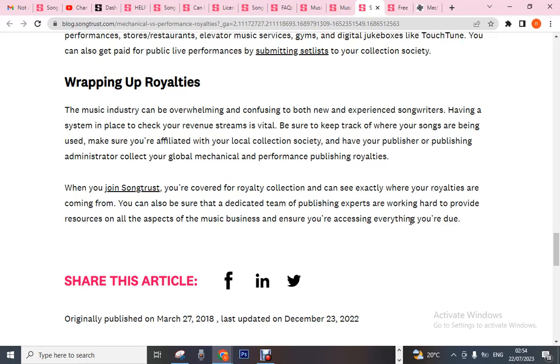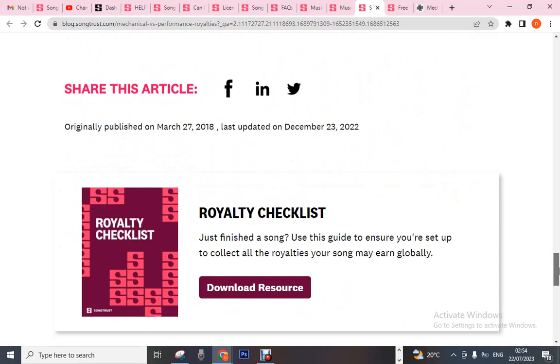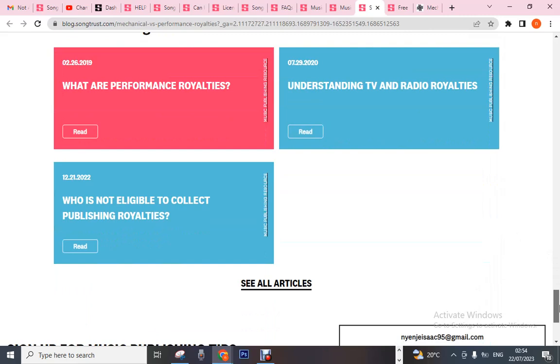Okay, so Songtrust basically promises that it does all that for you. And you just sit back, see the stats, see where your money is coming from. Okay, and that is basically what it is.